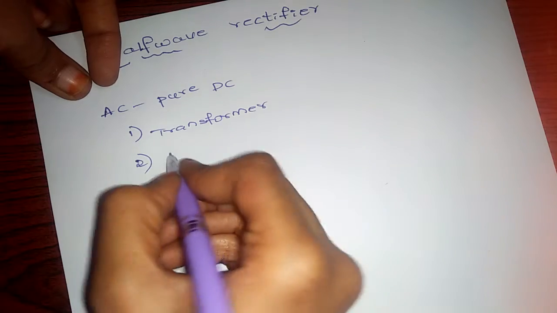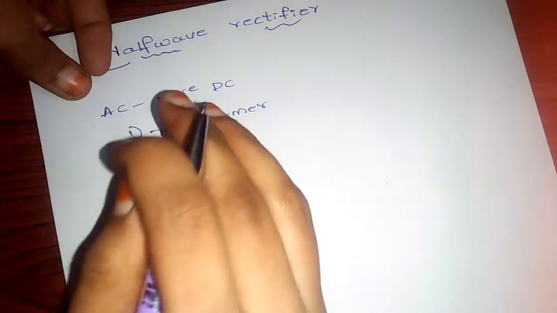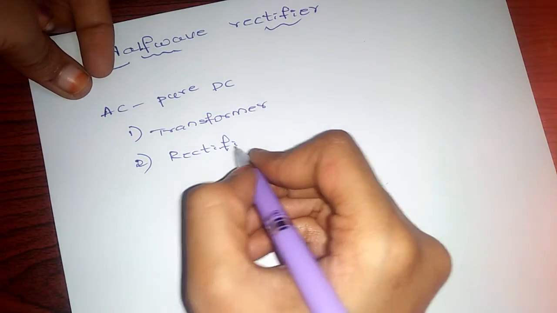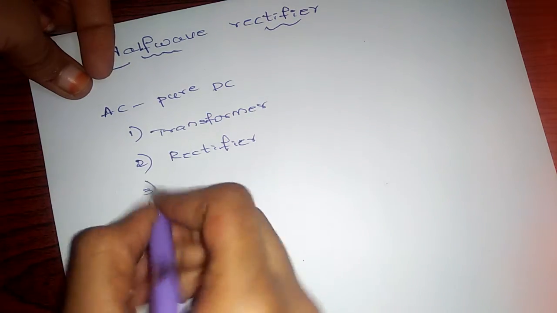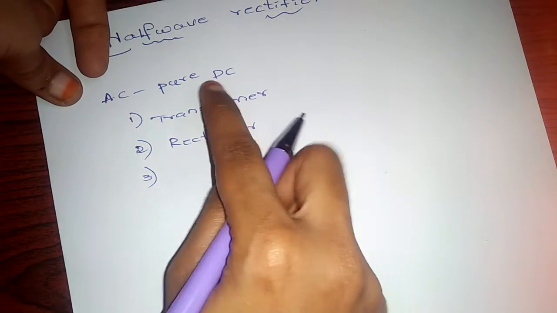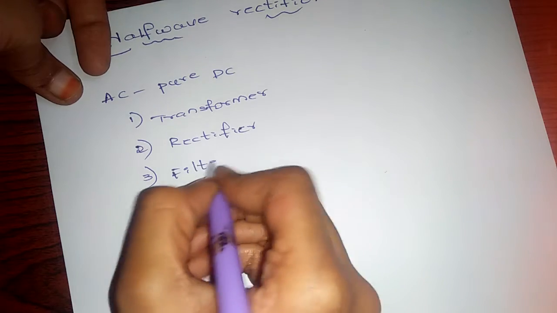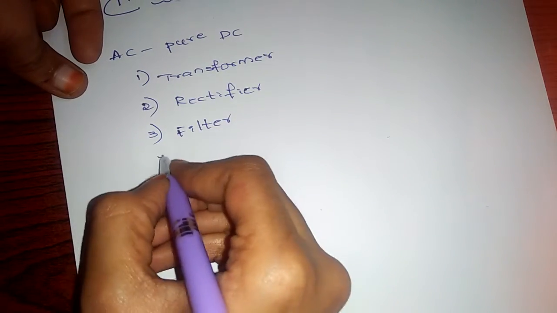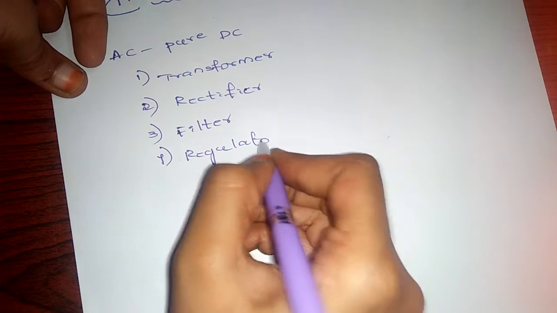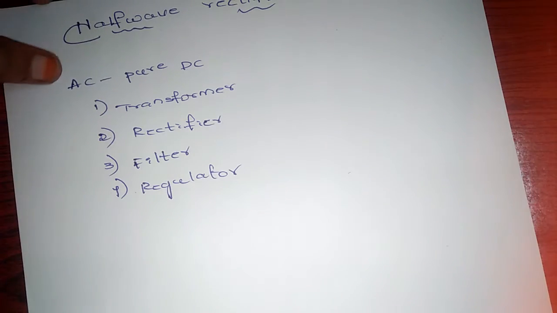Then the rectifier, which is used to convert AC to pulsated DC, not pure DC. Then the pulsated DC, with its impurities of harmonics, can be overcome by filters. And the last one is the regulator, to regulate the voltage or current of the DC.